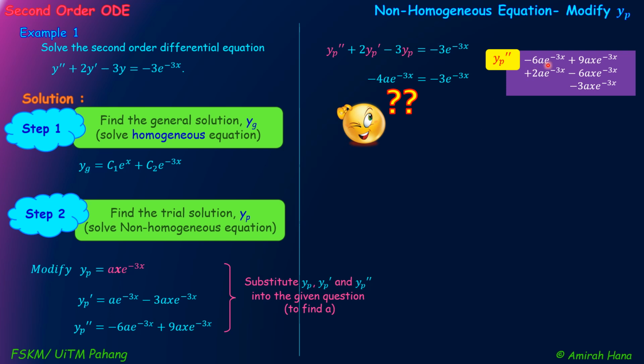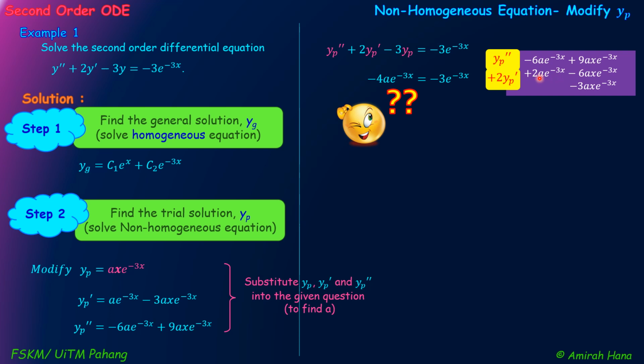The second row here means plus 2yp prime. We have yp prime here, and then we multiply by 2, so we got 2a e to the power of negative 3x, and then here we got negative 6a e, minus 6a x e to the power of negative 3x.